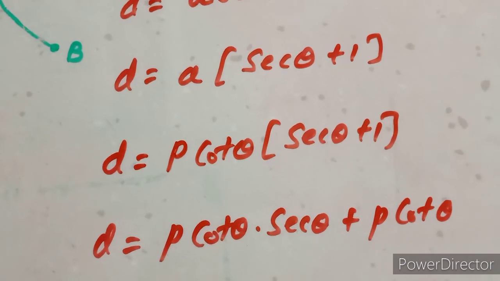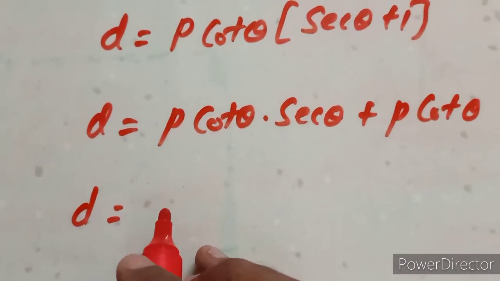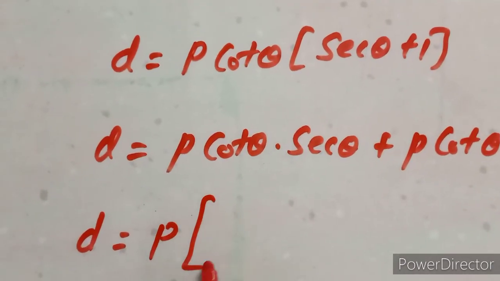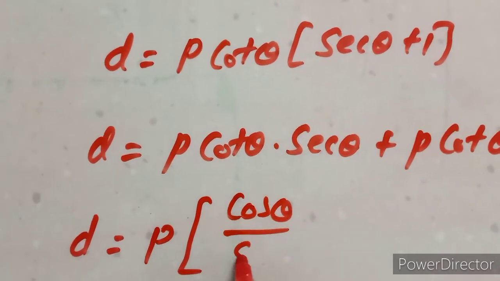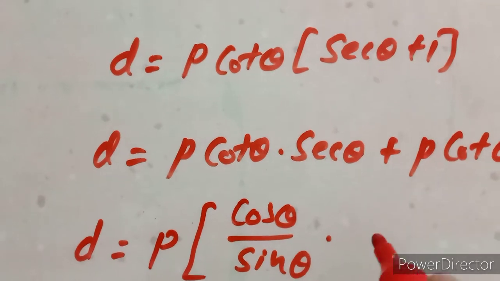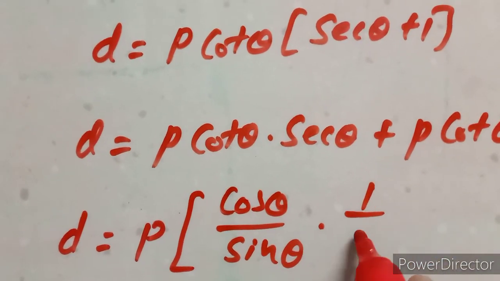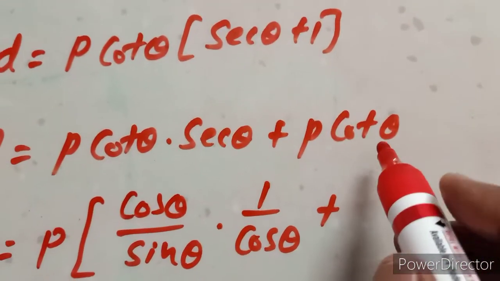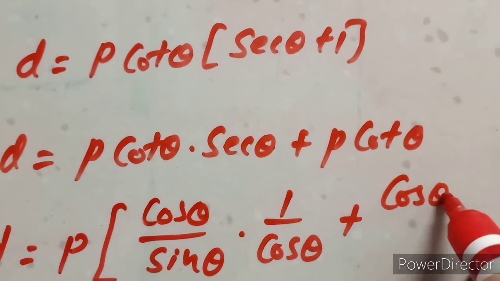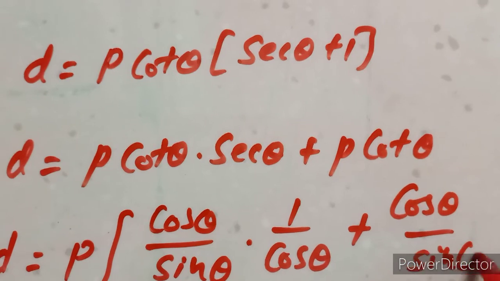Okay, d equals p is common: cot theta means cos theta upon sin theta, secant theta means 1 upon cos theta, plus cot theta means cos theta upon sin theta.